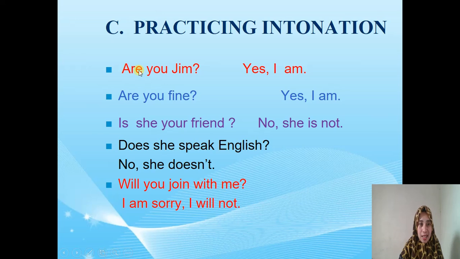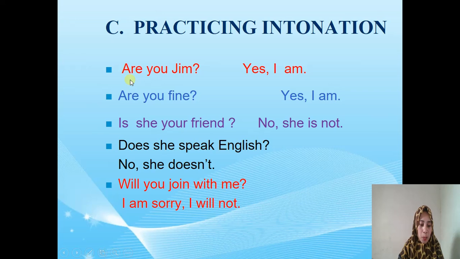The sentence is a yes or no question, because it begins with an auxiliary or helping verb, are.